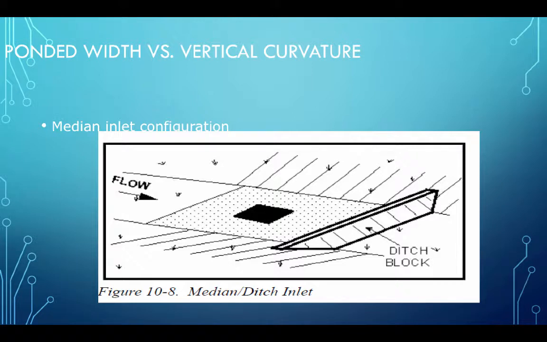These are sometimes placed in medians, which are those trapezoidal ditches that are between two highways in a controlled access highway. And in cases where their slope is a little too steep, or there's a desire to get complete capture, a berm is placed downstream of the inlet to force ponding upstream, to force water into the hole.